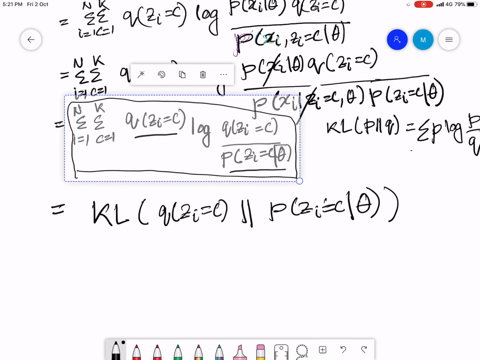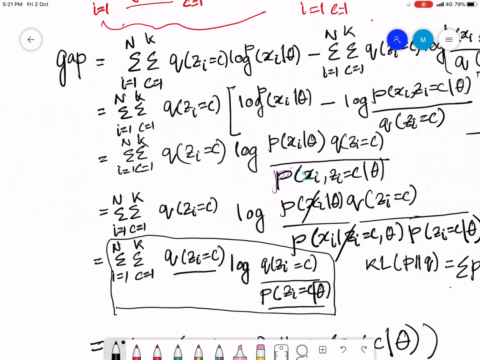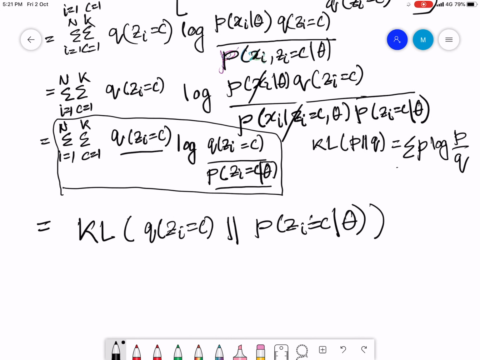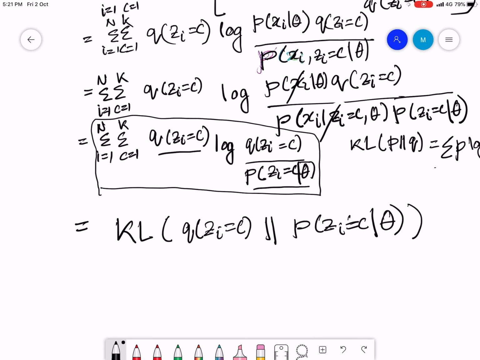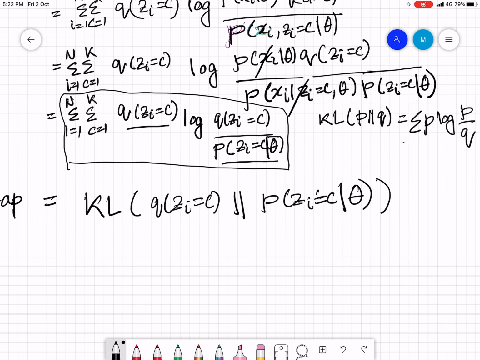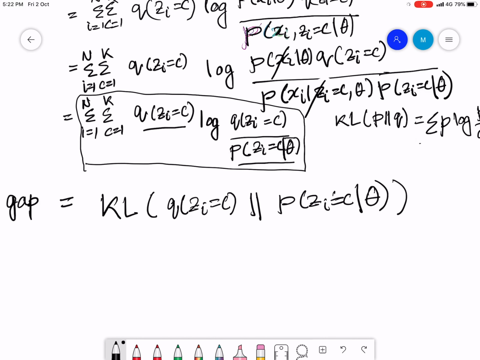The gap between the likelihood and the lower bound is nothing but the KL divergence between the variational distribution Q and another distribution of the z_i given theta. X is not there. Okay, z_i given theta. So this is the gap.